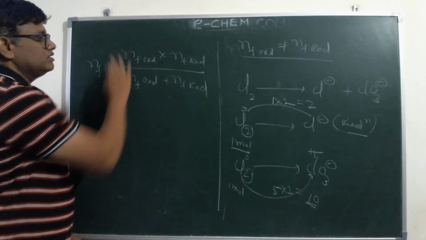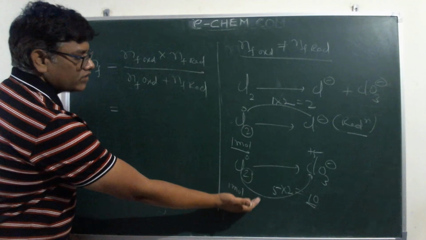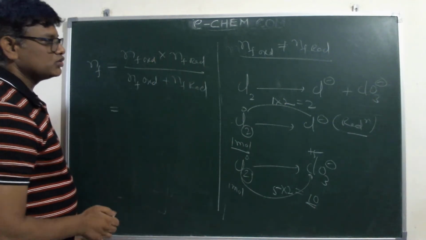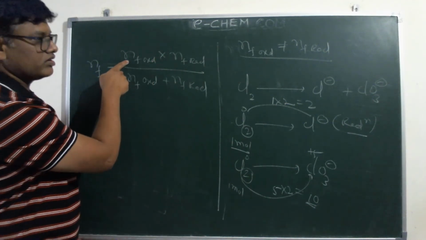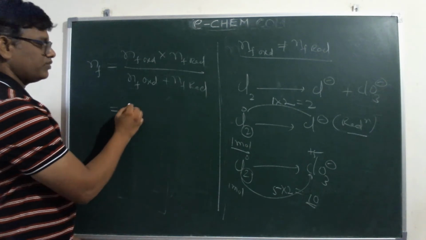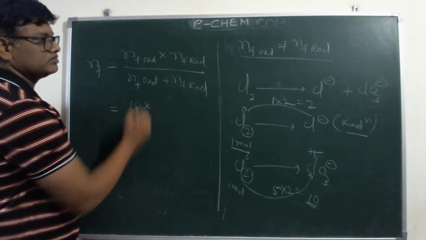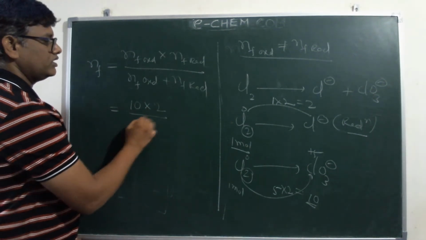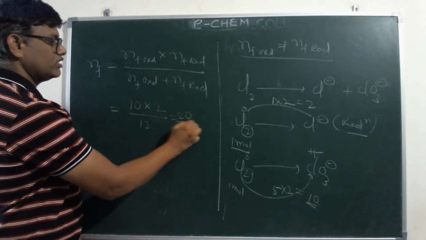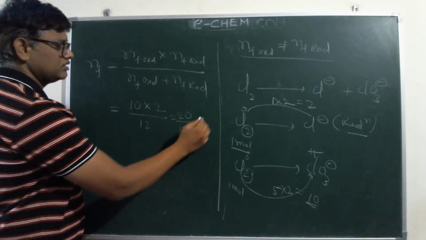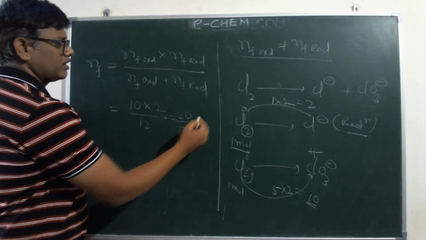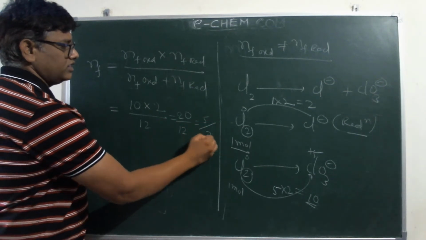Substituting the values: oxidation is 10, into reduction 2, divided by 12, that is 20 over 12, which is 5 by 3.